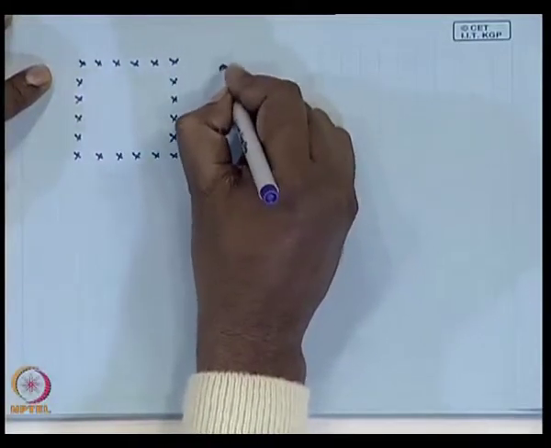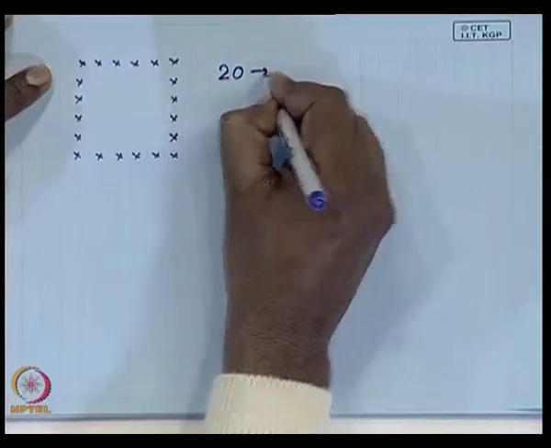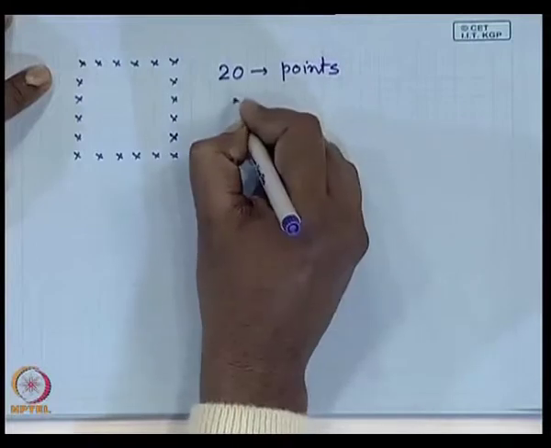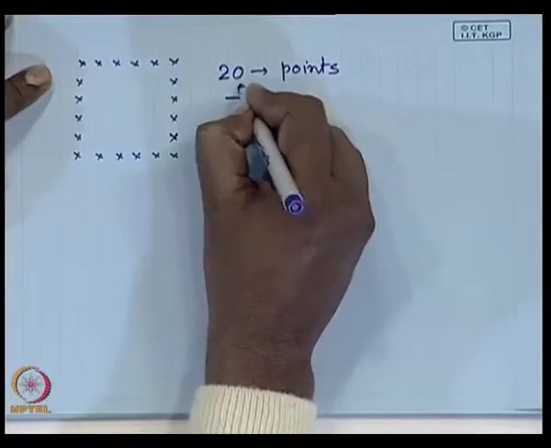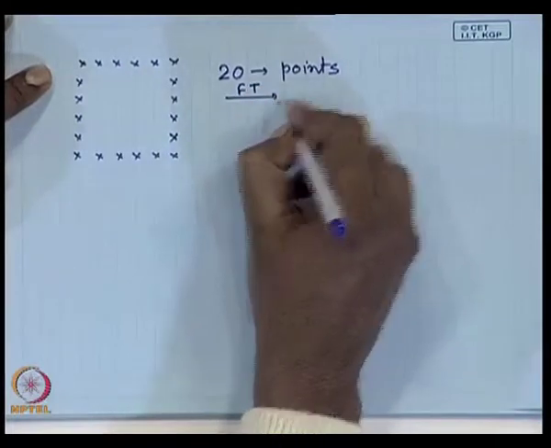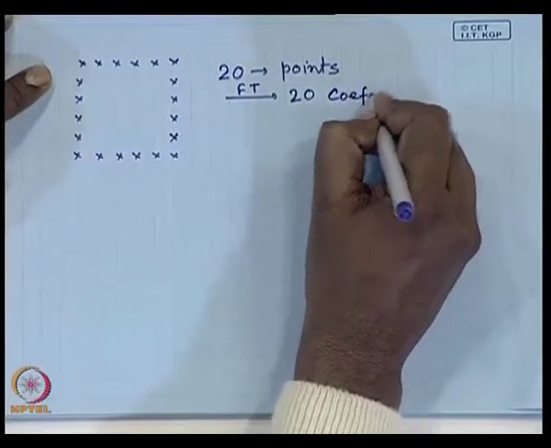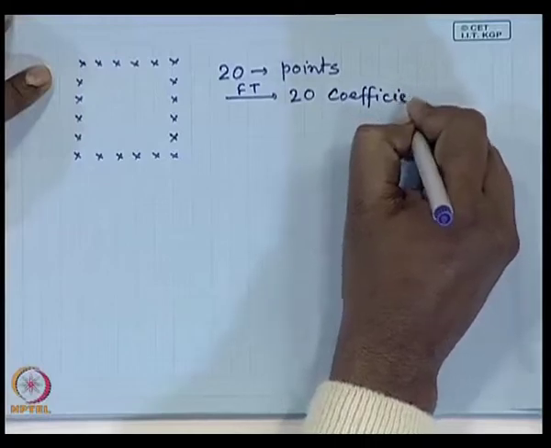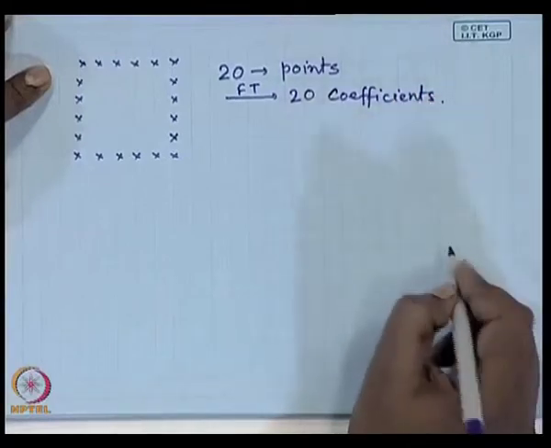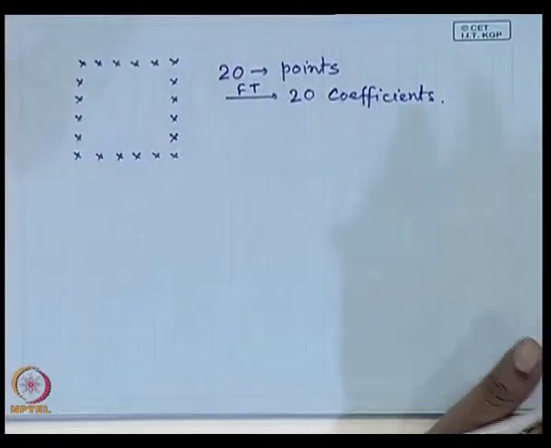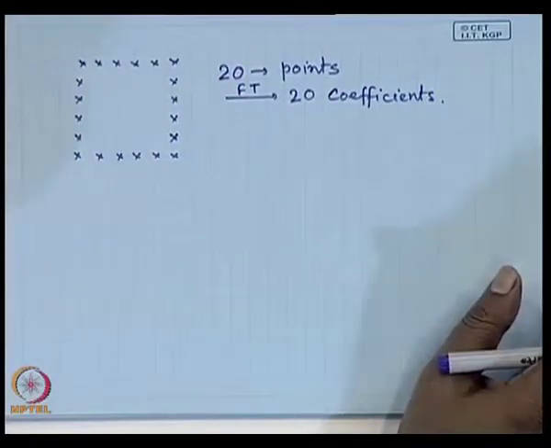Okay. So, square boundary having 20 boundary points. So, when I take the Fourier transformation, it will give me 20 coefficients.